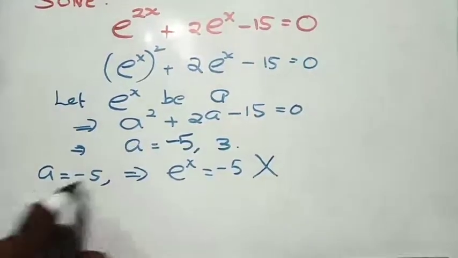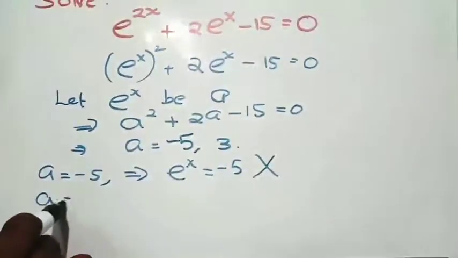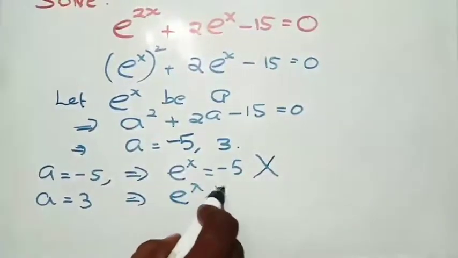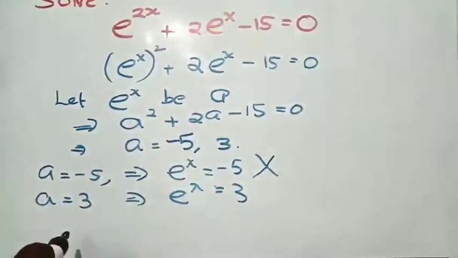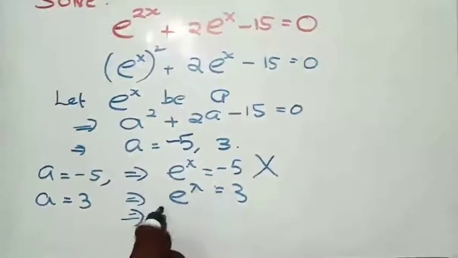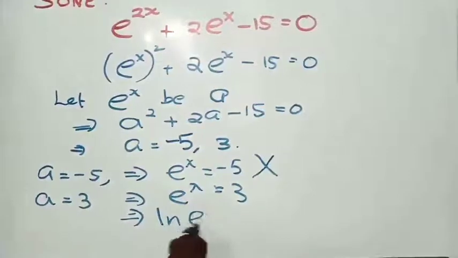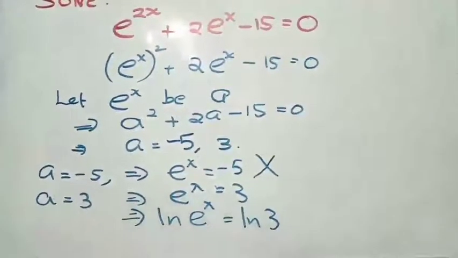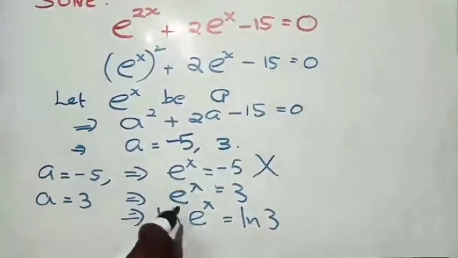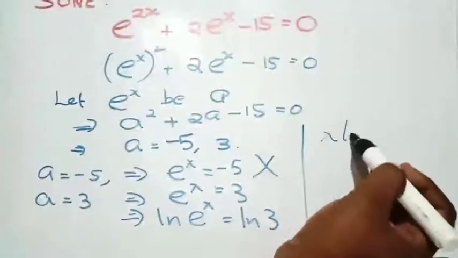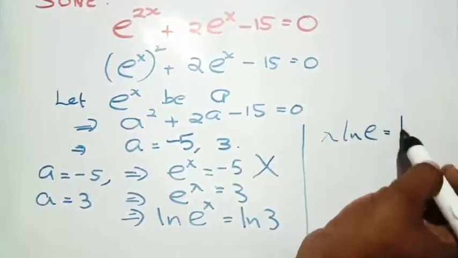Okay, so if a is 3, we get e raised to x is equal to 3. It implies if you apply a logarithm on both sides, we get log e raised to x is equal to log 3. So log e raised to x is same as x log e, that's equal to log 3.